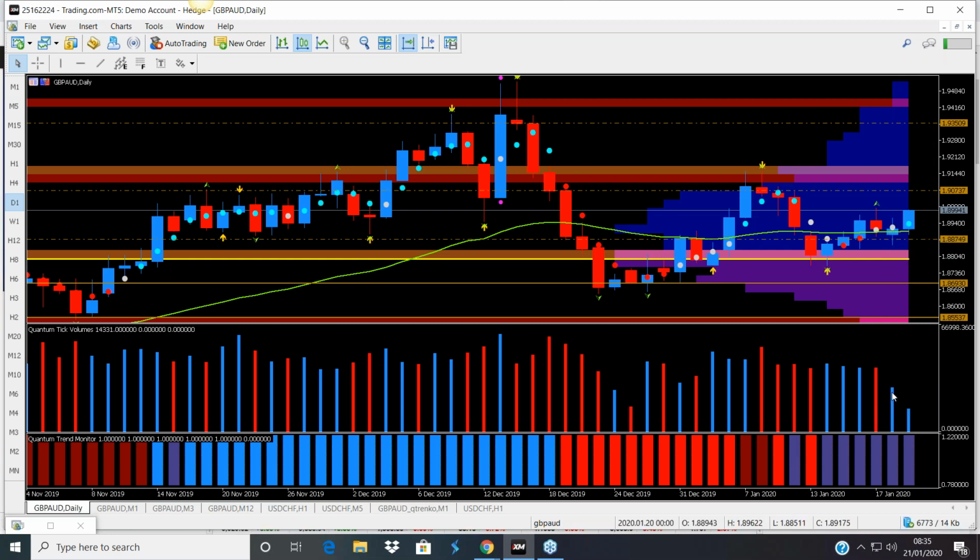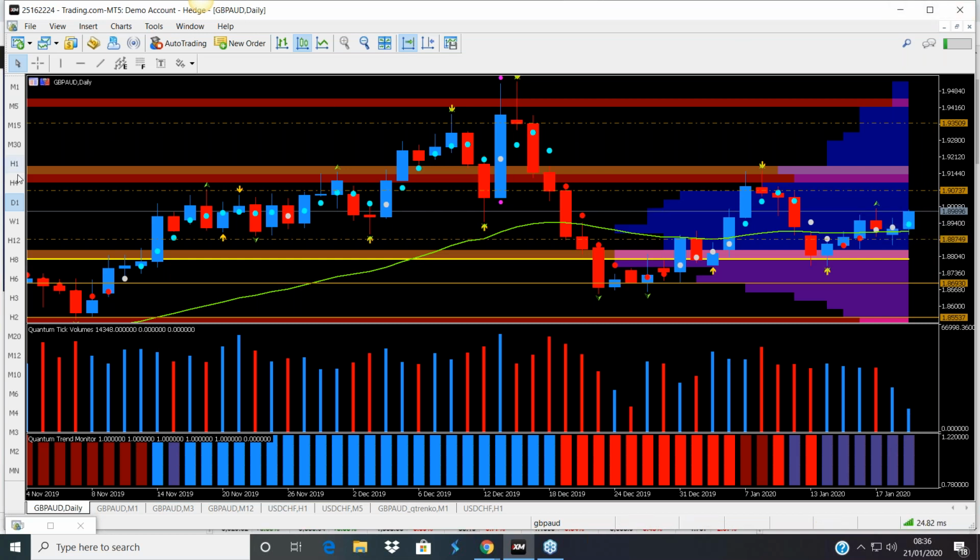The volume doesn't look like anything, but you have to bear in mind yesterday was a holiday, and when you're reading volume bars, you really do have to bear in mind whether it's been a holiday period, whether one of the financial centres has been perhaps closed. So you have to read these bars in context and relative to the session that you're looking at. So we've got the high of this candle at the moment. It looks like it wants to move higher.